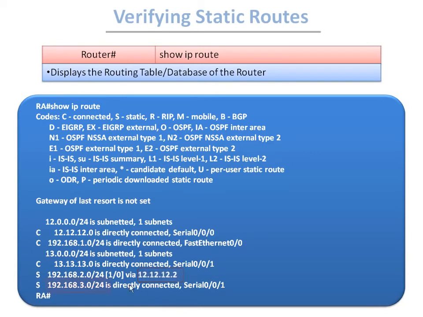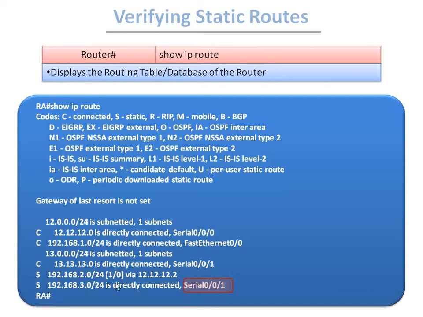For the second static route, we didn't specify the next hop IP address, so for that reason it actually shows directly connected on serial 0/0/0. So it says that if I ever want to reach the 192.168.3.0 network, I have to send my packets through interface 0/0/0.